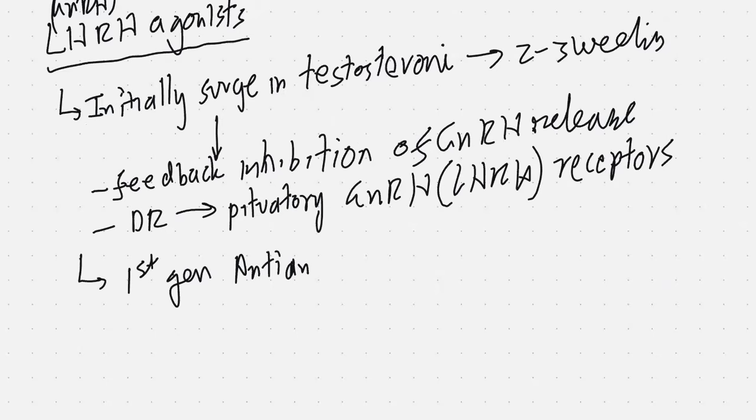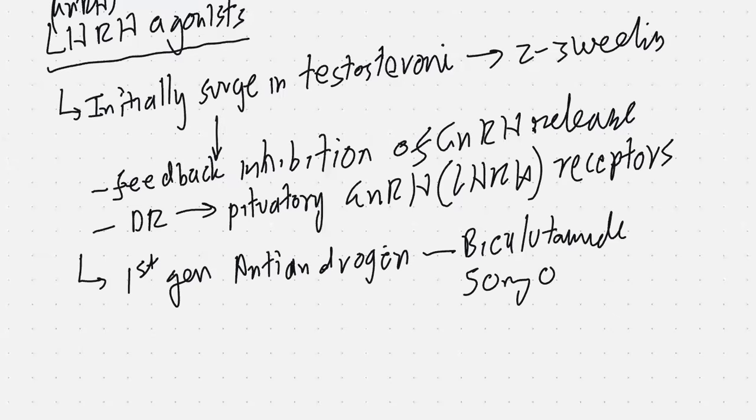That is usually bicalutamide, 50 milligram OD for at least 2 weeks to tide over that initial surge in testosterone. Okay. So that we always prescribe bicalutamide for 2 weeks when we start the patient off on a GnRH agonist to tide over that surge in testosterone.